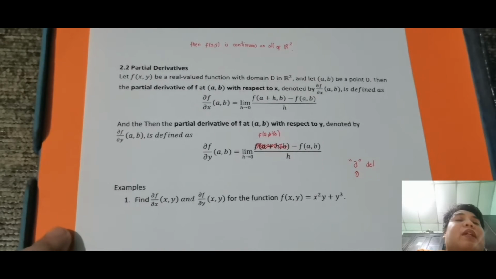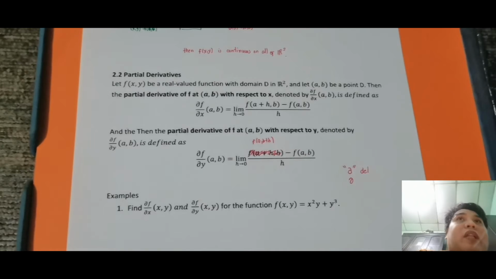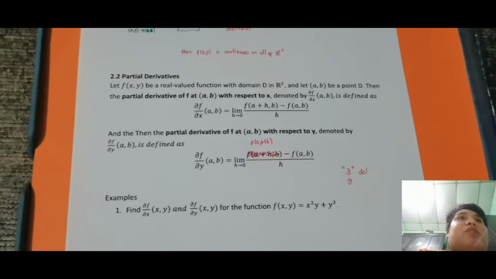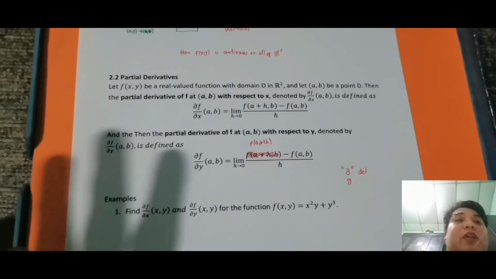Okay, so the idea of this is, for example, I take its partial derivative with respect to x. That means I just differentiate it with respect to x, but the other variables will be constant. Again, if I differentiate or take the partial derivative of a function with respect to x or with respect to y, it's vice versa.